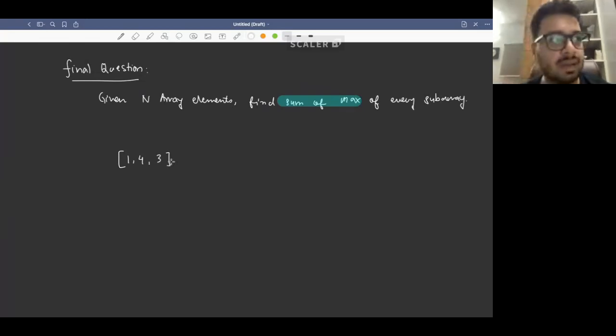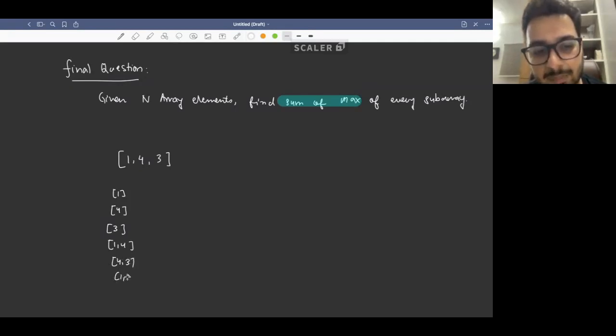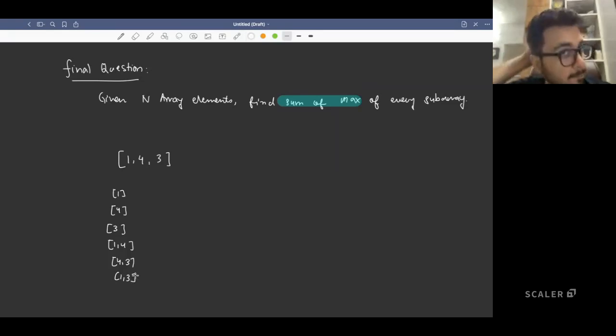So what are the subarrays we can get? A subarray can have a single element 1, it can have 4, it can have 3, it can have two elements 1 comma 4 or 4 comma 3. Can I have 1 comma 3 in a subarray? No, it's not a subarray, it's a subsequence. What else?